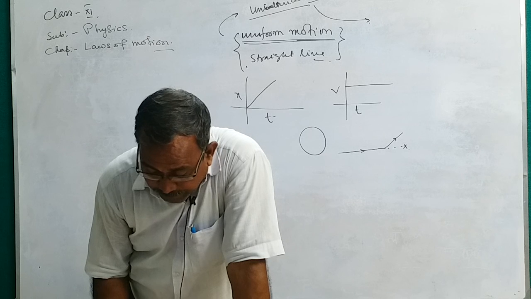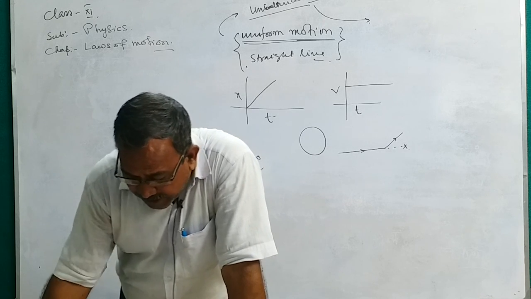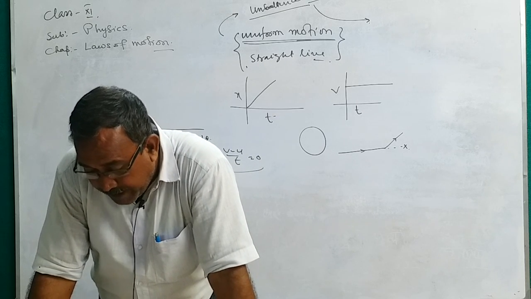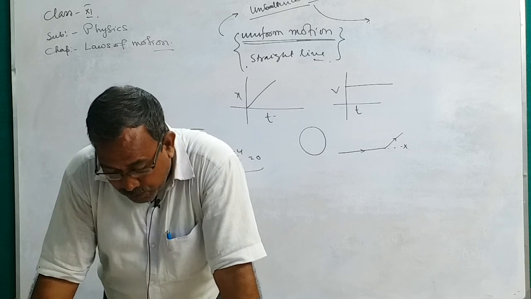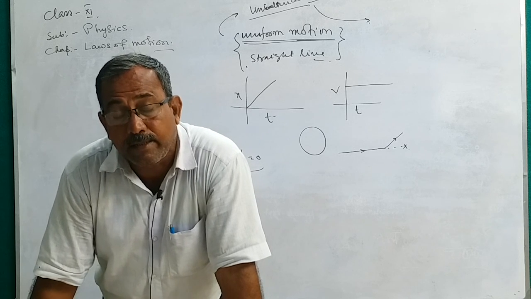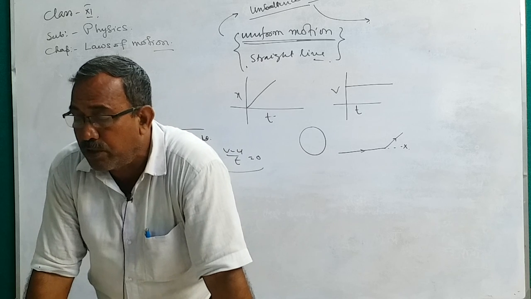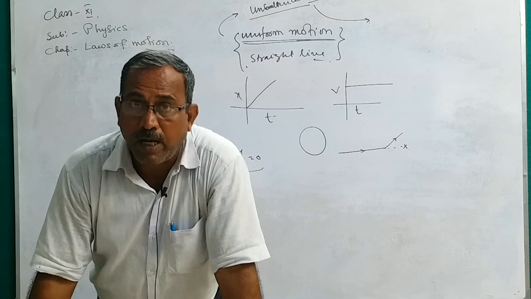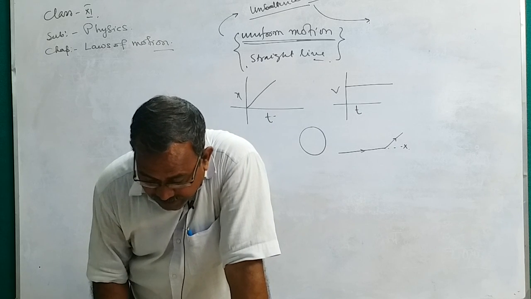Newton's first law: every body continues in its state of rest or uniform motion in a straight line unless compelled by a net external force to change that state. Net external force means net external unbalanced force. Net external force zero means balanced force. Unbalanced external force is needed to change that state.